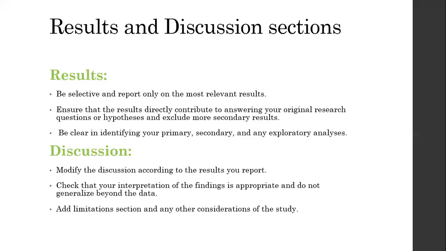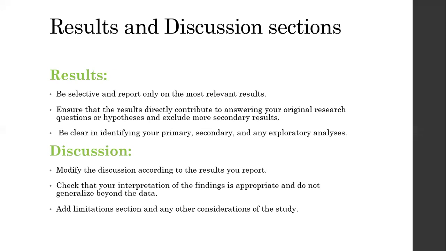Let's move now to the results and discussion sections. Some journals combine the results and discussion in one section. Some others ask you to prepare the results section and discussion section separately, okay?